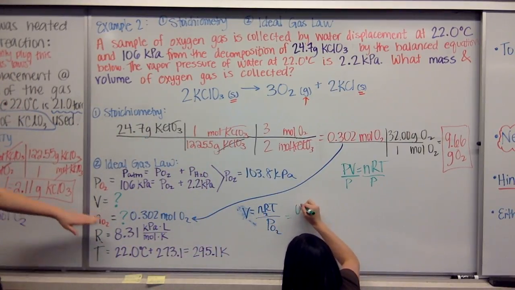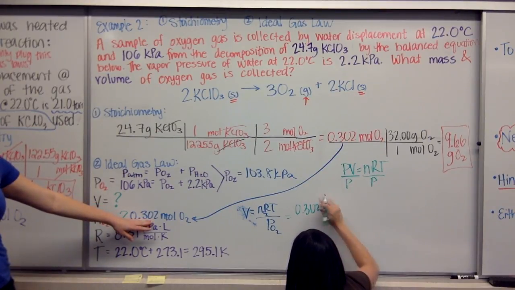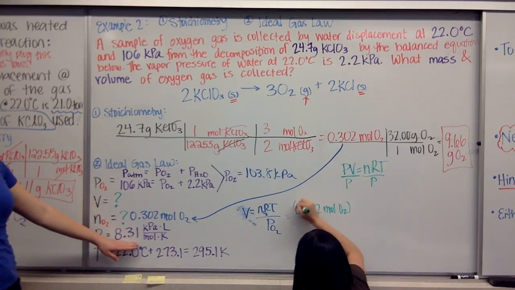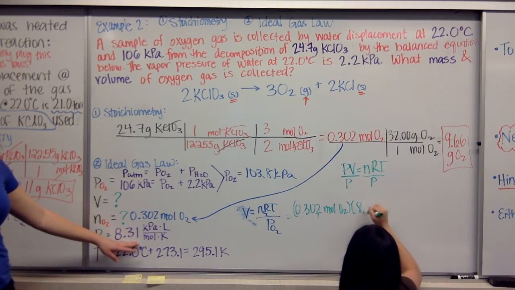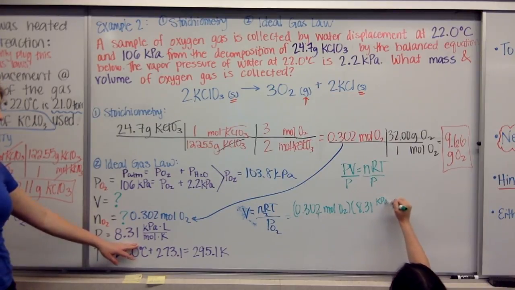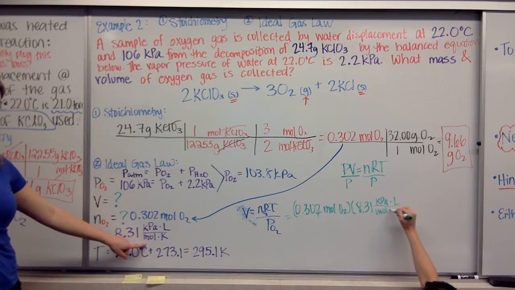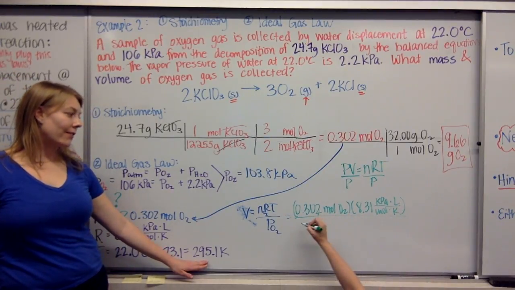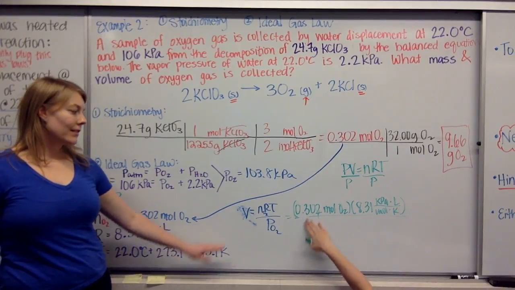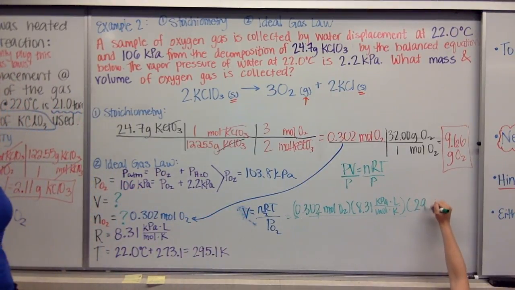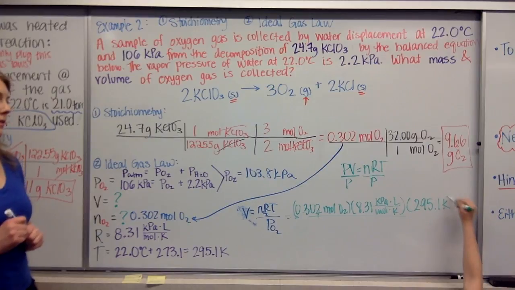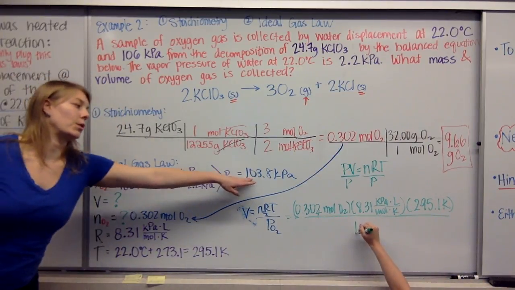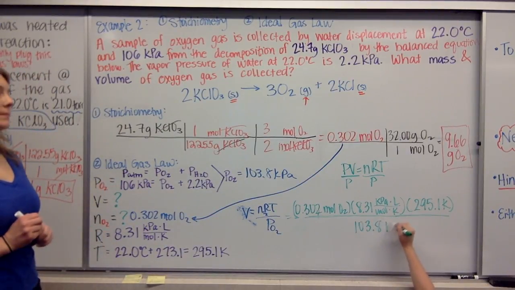V is equal to our moles, 0.302 moles of oxygen, times our R value, our gas constant, which is 8.31 kPa times liters over mole times K. Our temperature, 295.1 Kelvin. Okay, and then we're going to divide all of that by our partial pressure of oxygen, which we just found is 103.8 kPa.